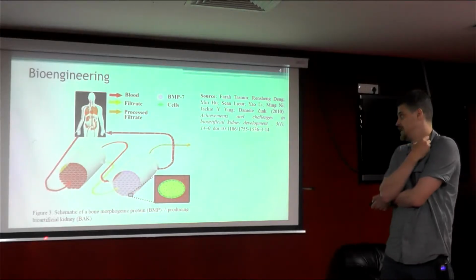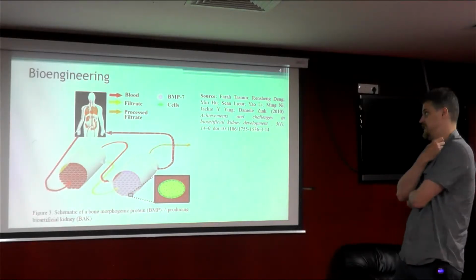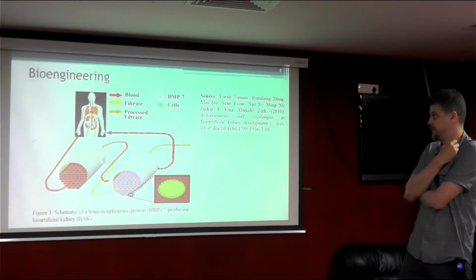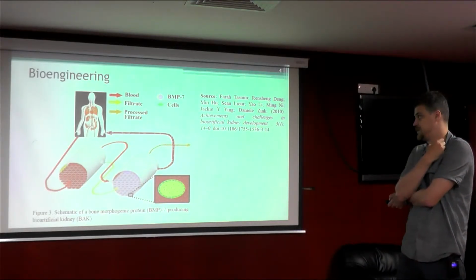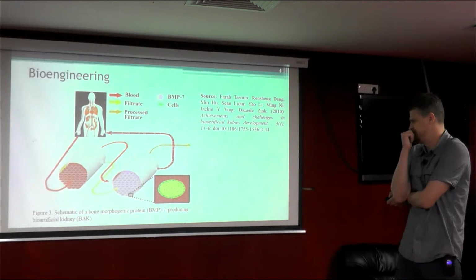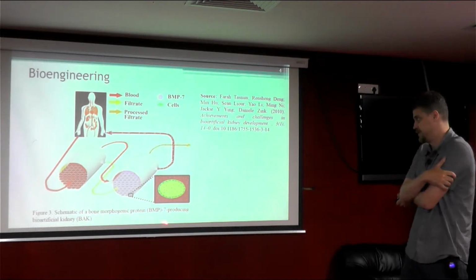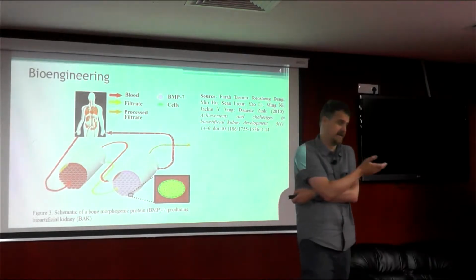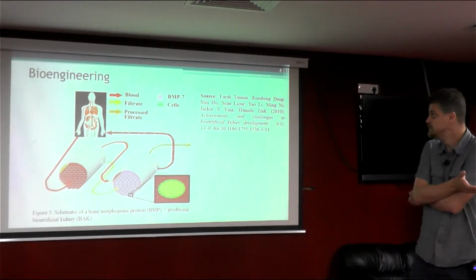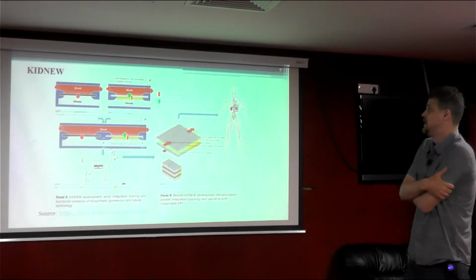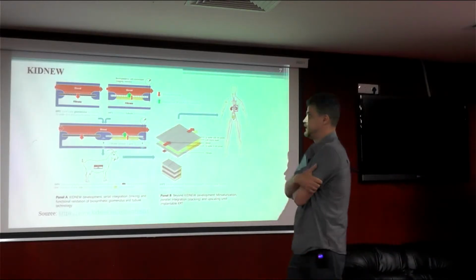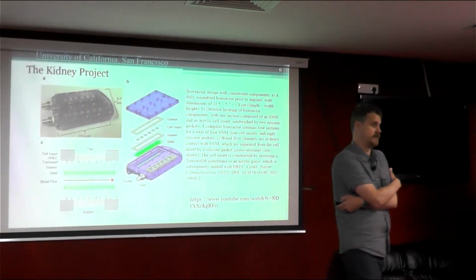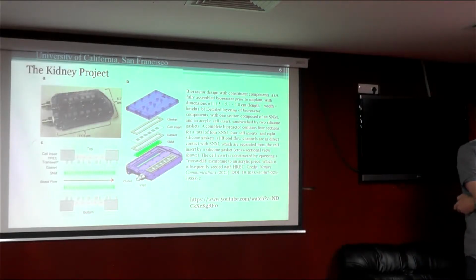So it's a bioartificial kidney where they further modified the bioreactor to the point that they created a system that could synthesize the bone morphogenetic proteins, which they suggested to use in regenerative medicine as well. And speaking of the European Union, this is the American project, developed in San Francisco, if I recall correctly.